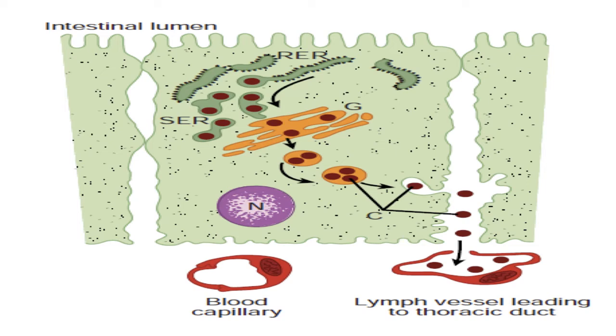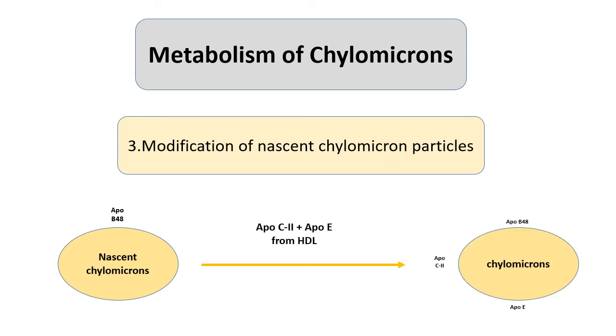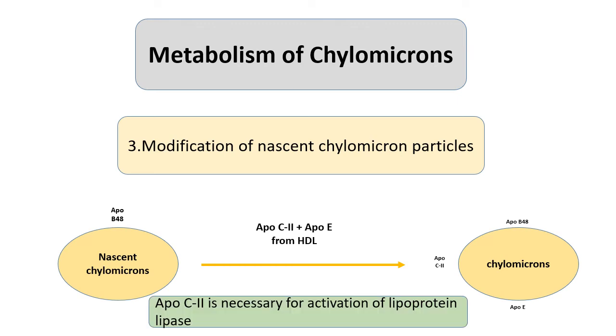These vesicles fuse with the plasma membrane, releasing chylomicrons, which then enter the lymphatic system and ultimately the blood. The released chylomicrons are called nascent chylomicrons because they are functionally incomplete. When it reaches the plasma, the particle is rapidly modified, receiving ApoE and ApoC, which is necessary for the activation of lipoprotein lipase.